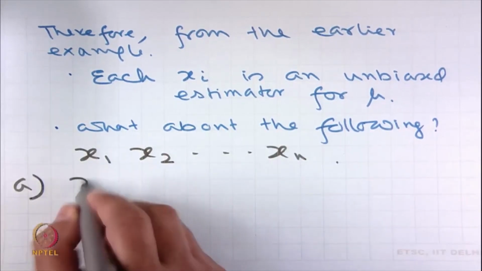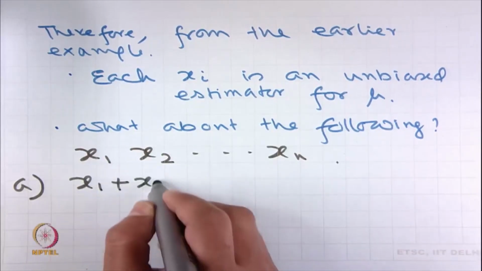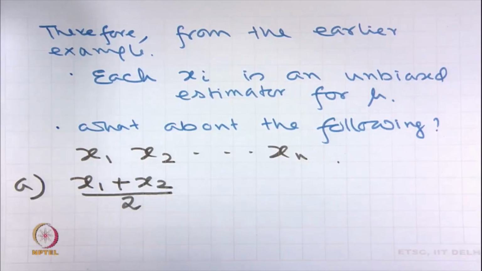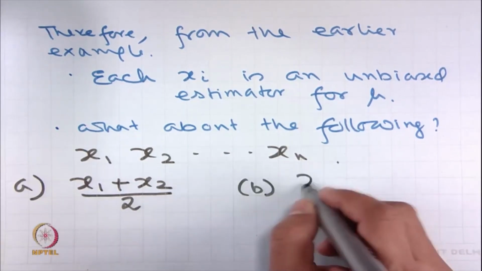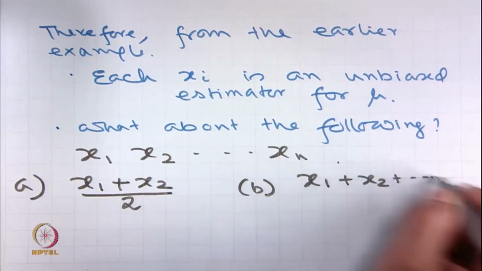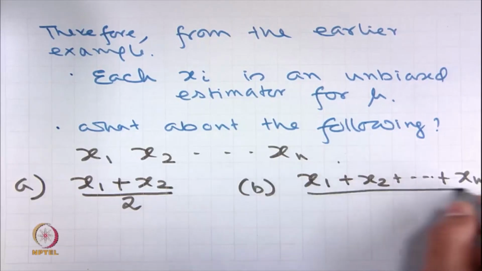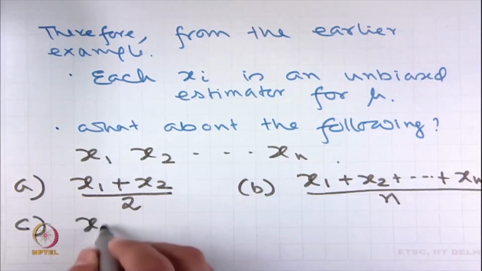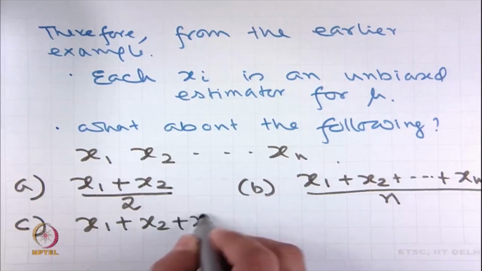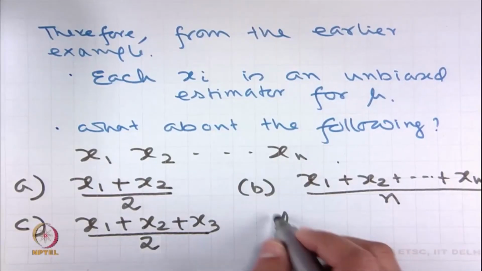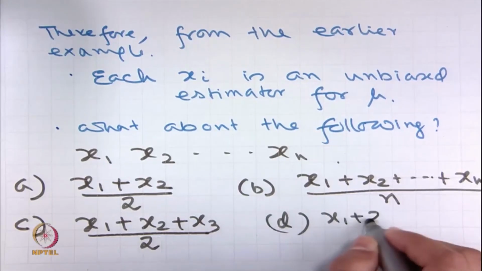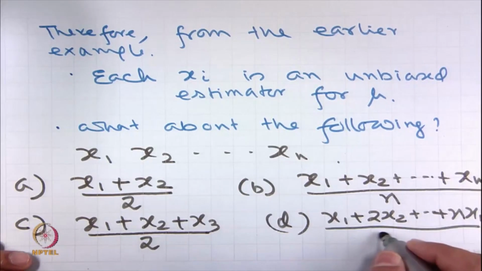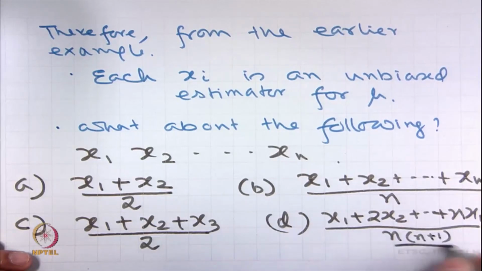So, let me consider a, x 1 plus x 2 by 2, b, x 1 plus x 2 plus x n by n, c, x 1 plus x 2 plus x 3 by 2, d, x 1 plus 2 x 2 plus n x n by n into n plus 1 by 2.